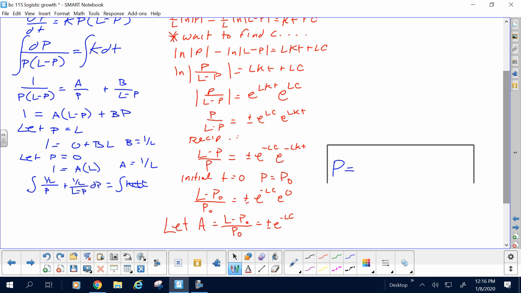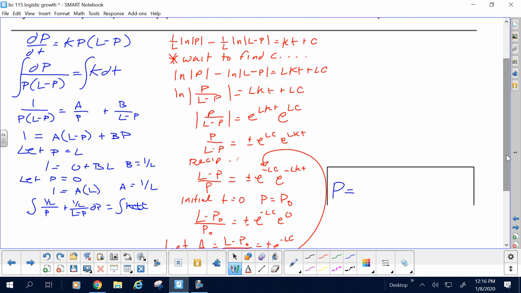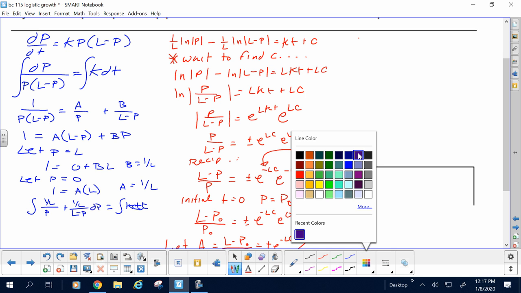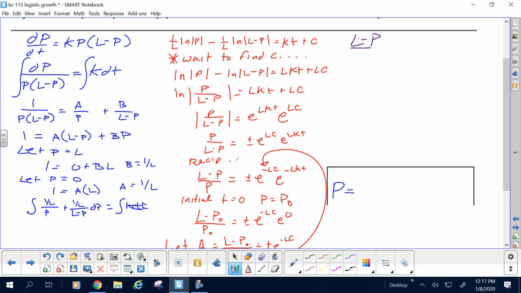Now then, if I go back to where we left off when we went to put in the initial, that means going back to where I leave off, I now have L minus P over P generally is, instead of plus or minus e to the negative LC, I'm going to write a big fat A. And e to the negative LKT.